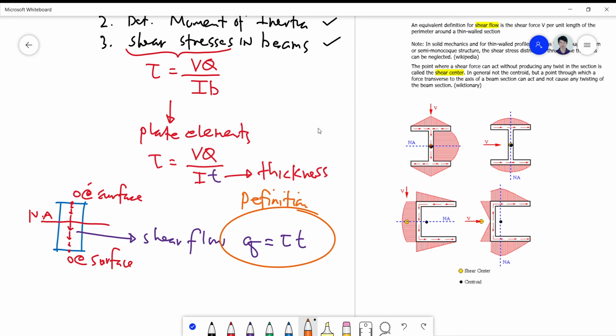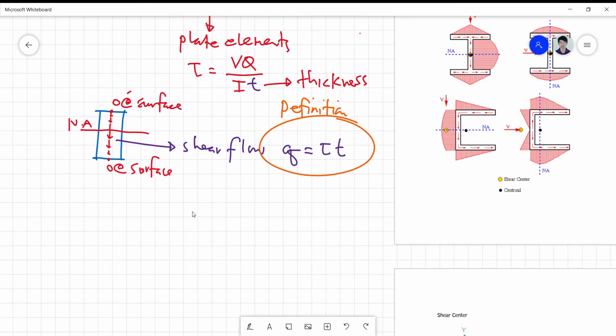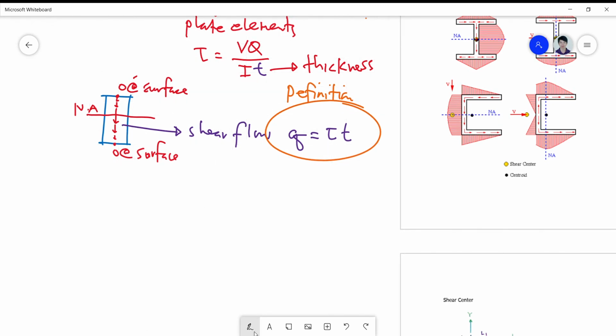Okay, in application for thin-walled sections, including a semi-monocoque structure and plates, in which the thickness is quite small compared to the width, then I have a plate section here. My shear flow will be primarily directed basically throughout the length of the member.